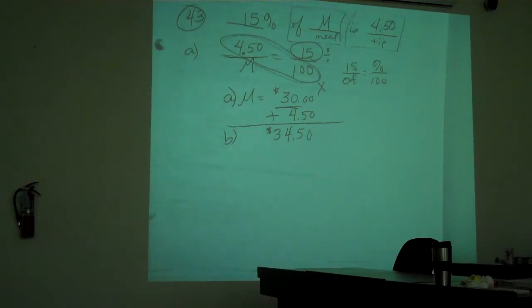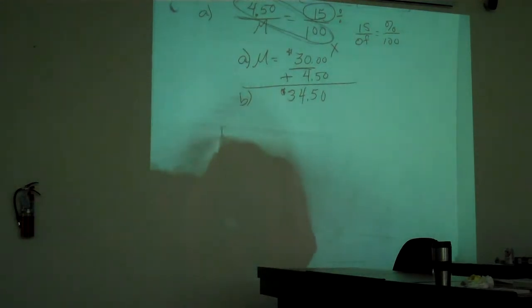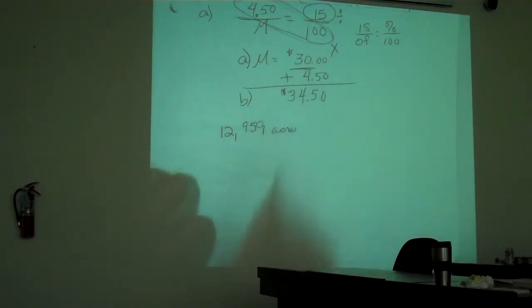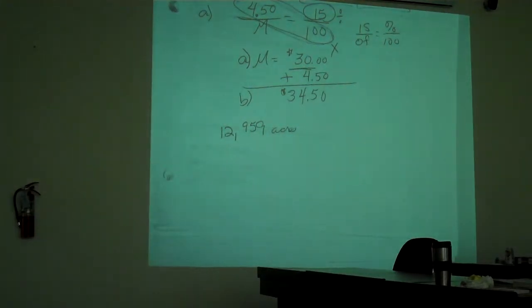Okay, let's do one that's not a tip. Number 45. Portland, Oregon has 12,959 acres of park space. It says this is 15.1% of the entire city.